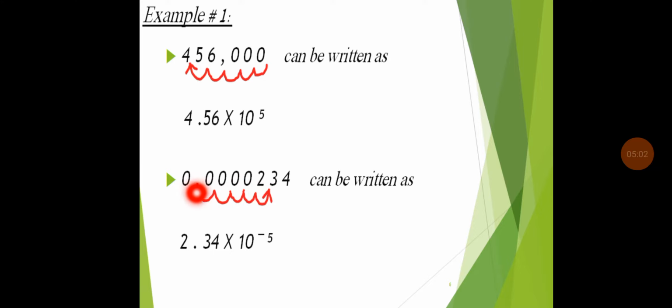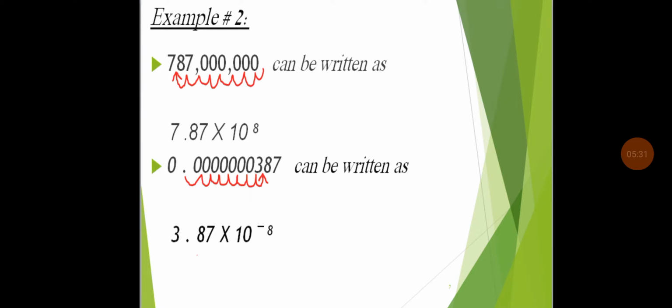So the decimal will be shifted after 1, 2, 3, 4 and 5 places. Here we move from left to right, so our exponent will be negative, minus 5. And in the earlier value we moved from right to left, so our exponent was positive. Clear?